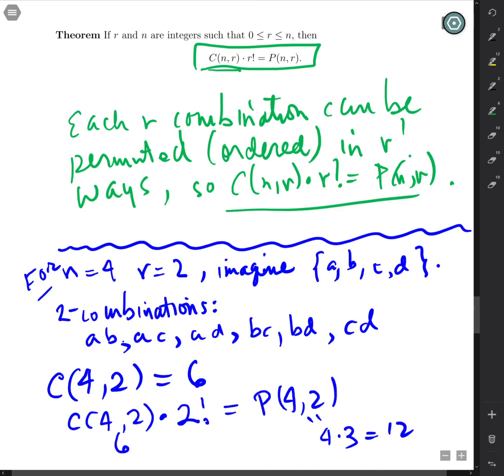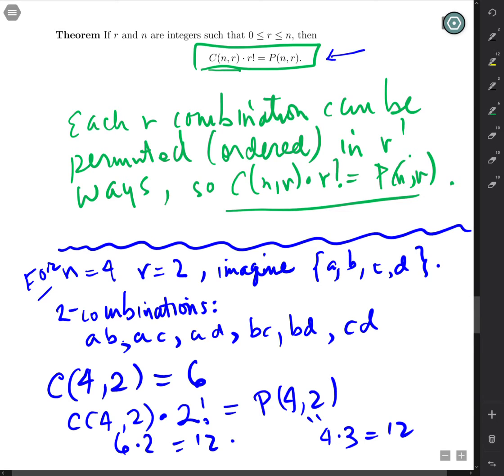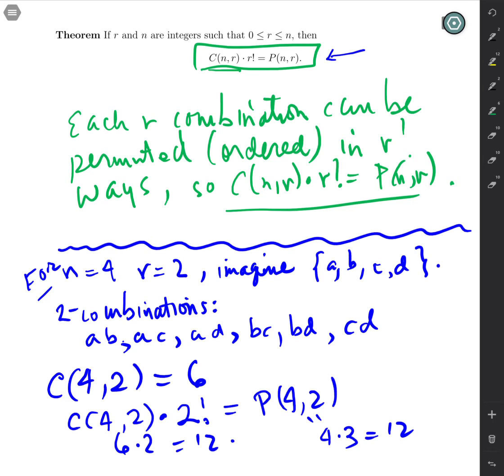And sure enough, this is 6 times 2, which is equal to 12 as well, looking at it both ways. So we're going to look at different ways to write this formula first of all, and then after that we're going to do some examples where we examine how we can use the counting formula for R combinations for different kinds of applied problems.